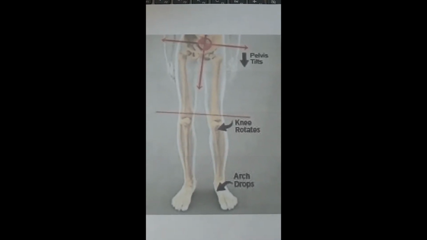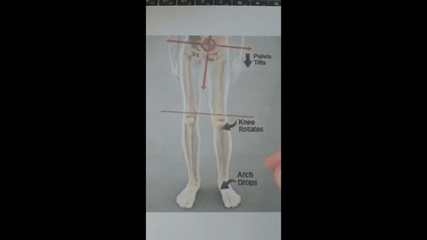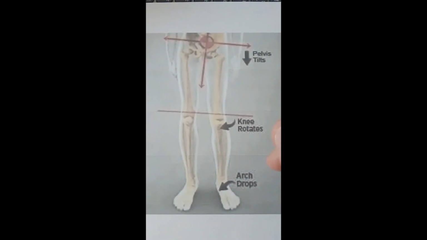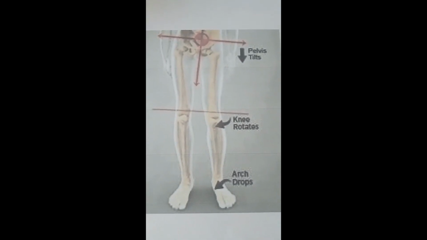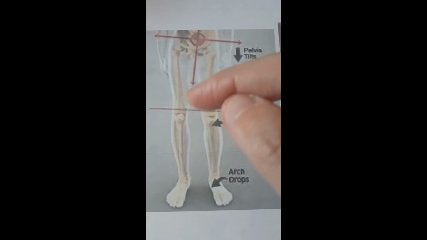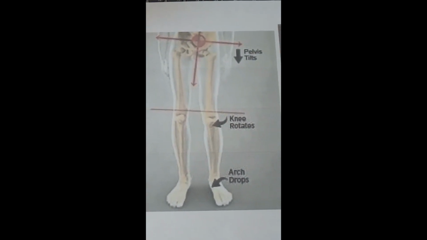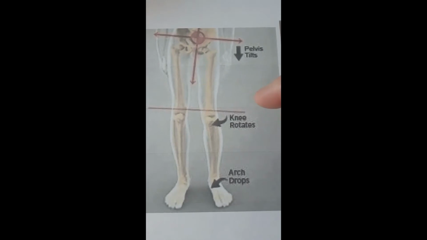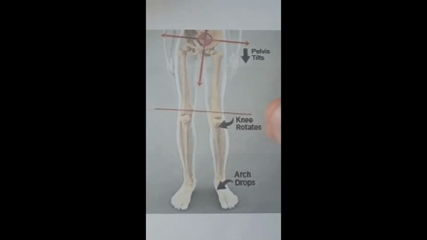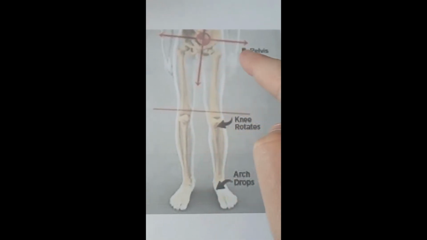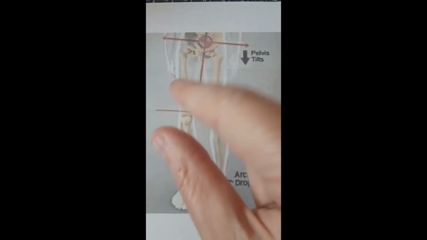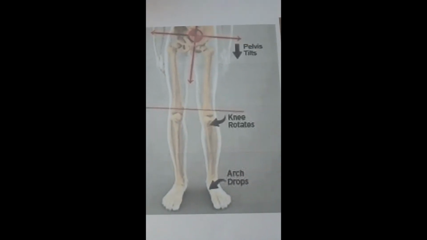But certainly one of the other things that we need to look at with any client coming in is pelvic tilt, because if the person has anterior pelvic tilt, where the pelvis tilts downwards at the front and then up at the back, this can also encourage internal rotation, and obviously lateral pelvic tilt as well will have an impact, because everything will be out of alignment.